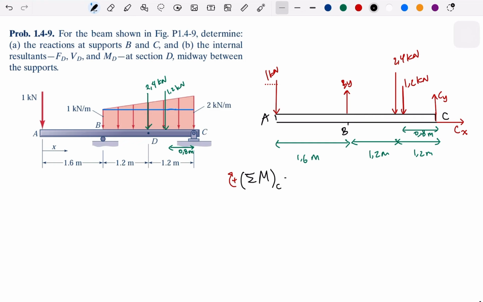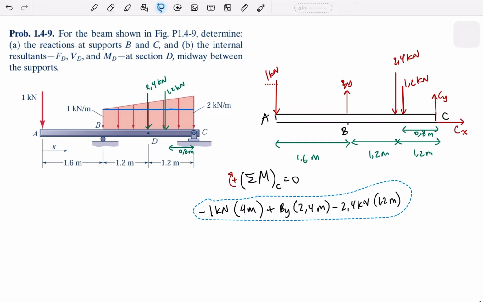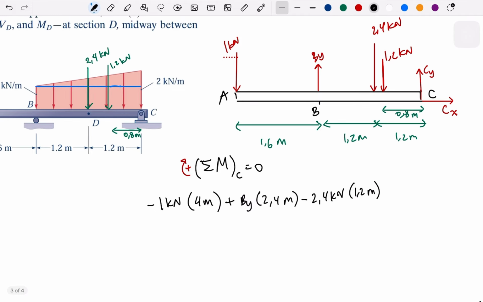Moment at C: negative 1 kilonewton, this is 4 meter, plus BY times 2.4 meter, minus 2.4 kilonewton, another minus, this will be 0.8. Okay, so we get By.